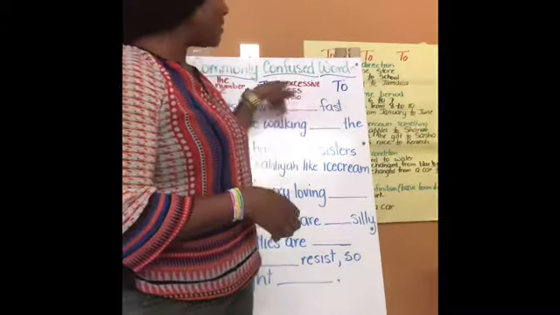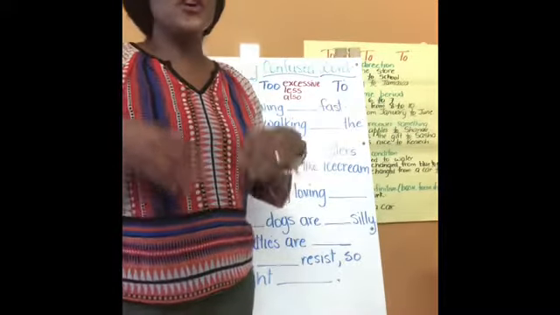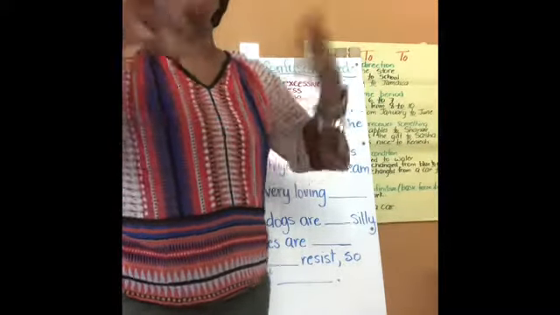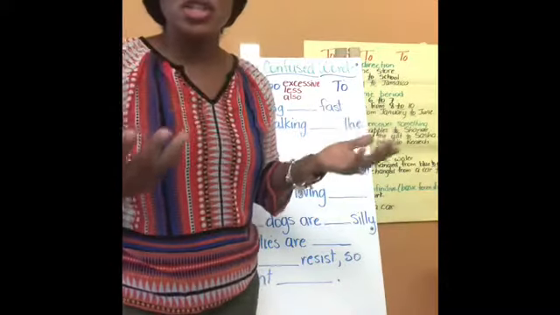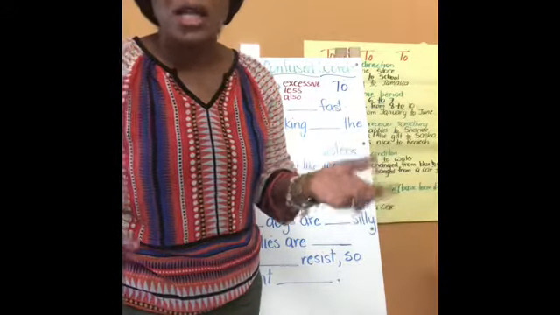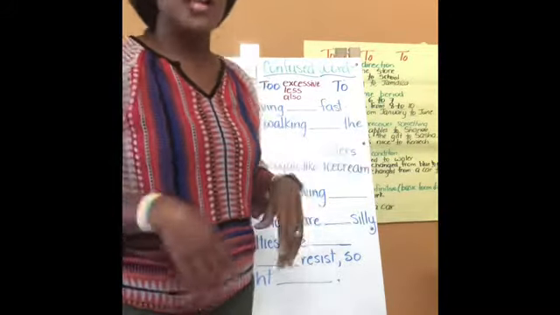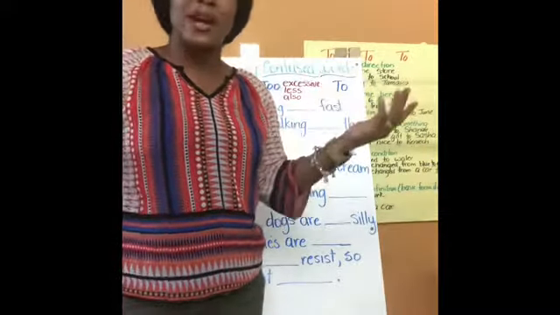TOO, excessive. What does that mean? Too much. So if you can say that's too much, then it's TOO. So too much water in the cup, too much rice in the pot, too much sugar in the mixture, then that's TOO, excessive, more than is required.